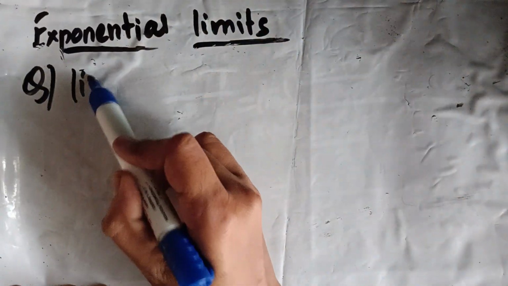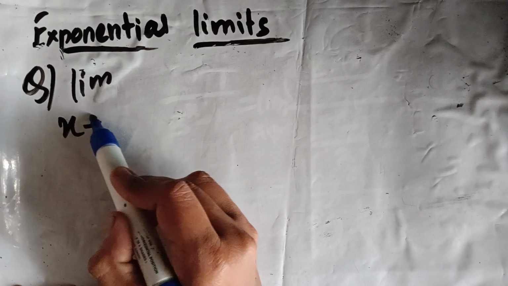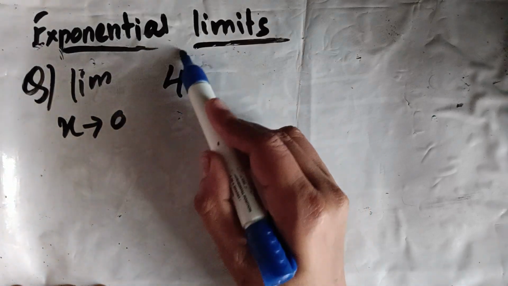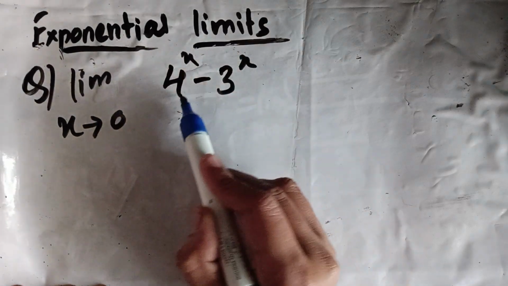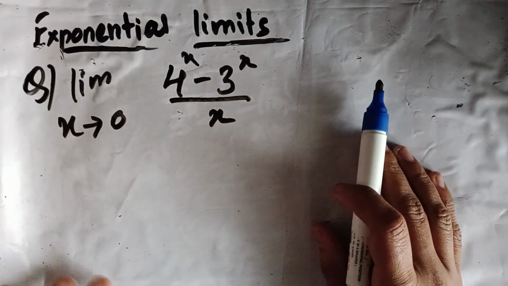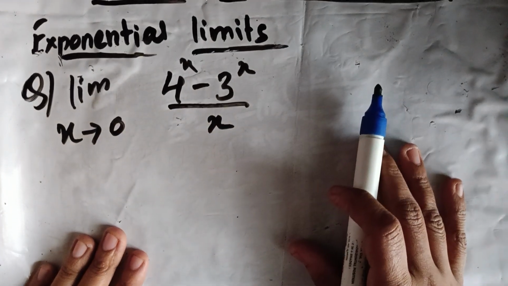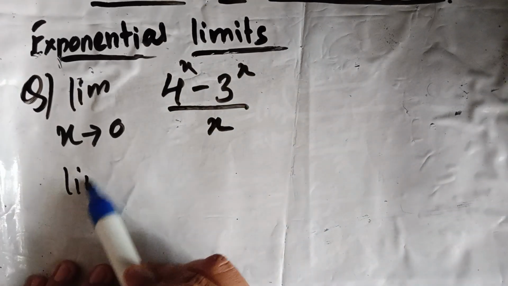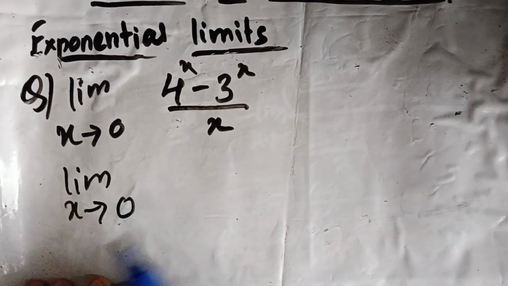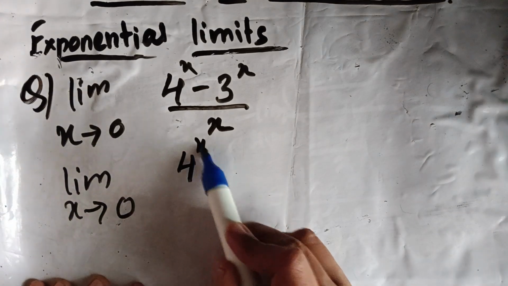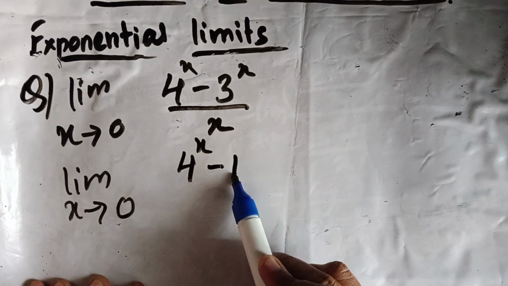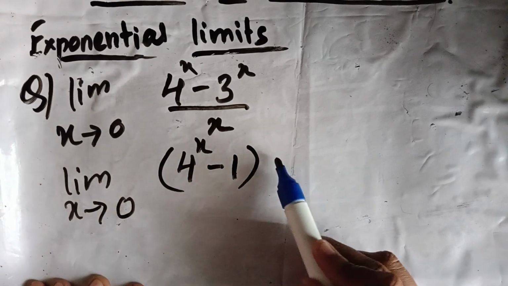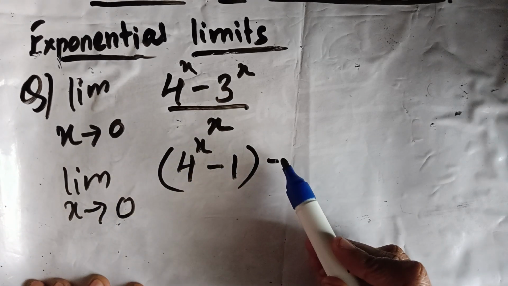Limit as x tends to 0, (4 raised to x minus 3 raised to x) upon x. Now we want this in the form a raised to x minus 1. So we have to add and subtract 1. I'll add and subtract 1 here.